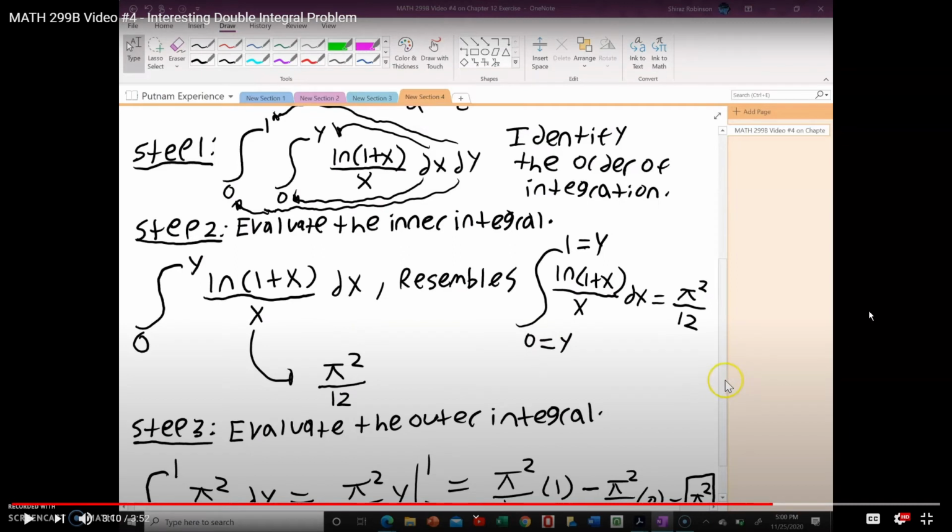I'm not even sure what led you to this conclusion. Just because one integral resembles another doesn't mean that they are equal. You should treat these integrals as functions of y. This integral right here, set it as f of y.